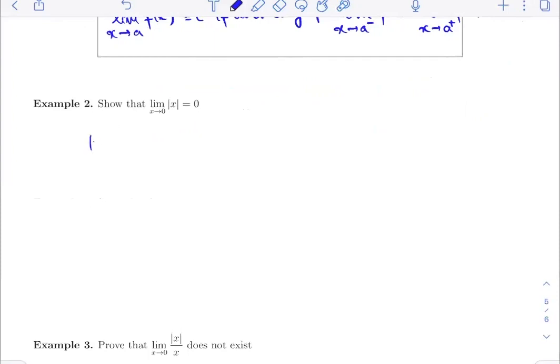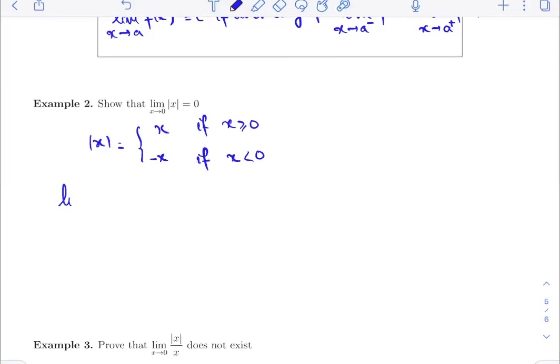That is, absolute value of x is equal to positive x if x is greater than or equal to 0, and equal to negative x if x is less than 0. So when you find the limit as x approaches 0, you need to consider the left-hand limit and the right-hand limit because the function has two different parts to it.